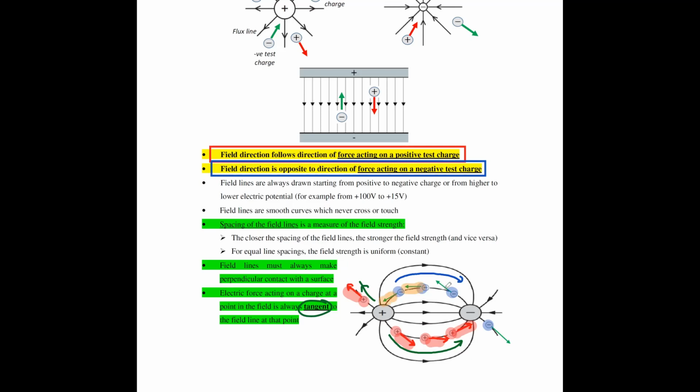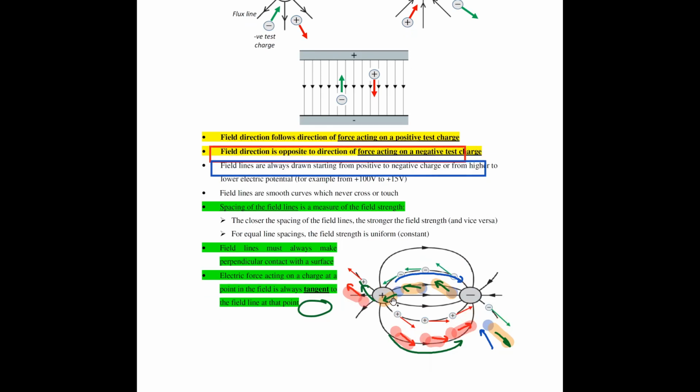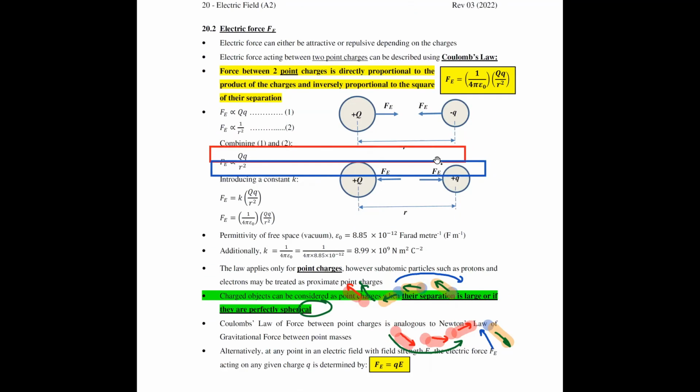So it will be pointing in this general direction for the 3 charges here. And for the bottom charge, your field direction is generally going like this, right? Your electric force on your negative test charge must be opposite to it. So you get something like this. But at the same time, the electric force must be tangent to the field at the point where you place the charge. So it must be tangent like this. So this is how you determine the direction of the forces on a positive or negative test charge placed inside an electric field.